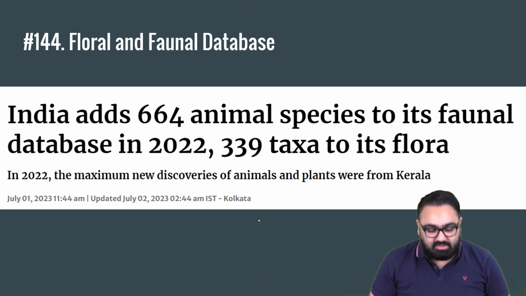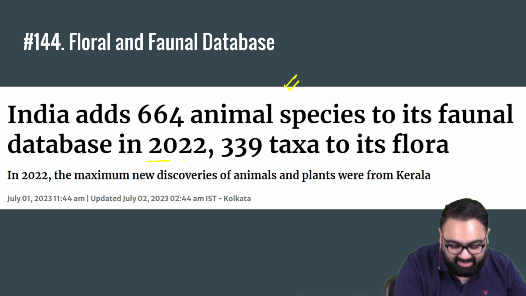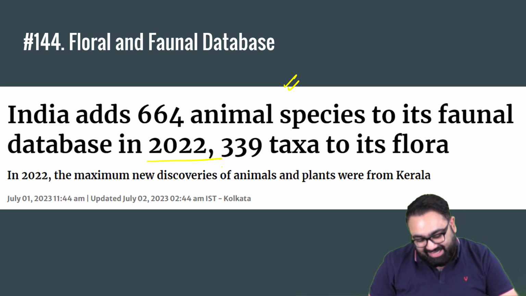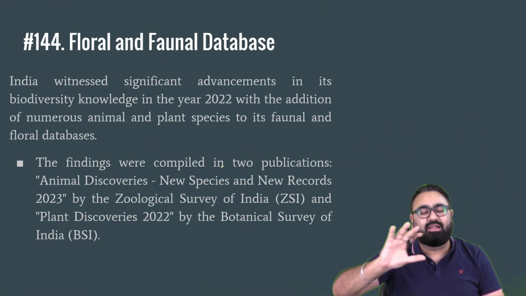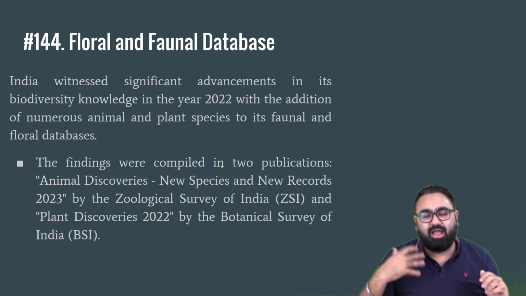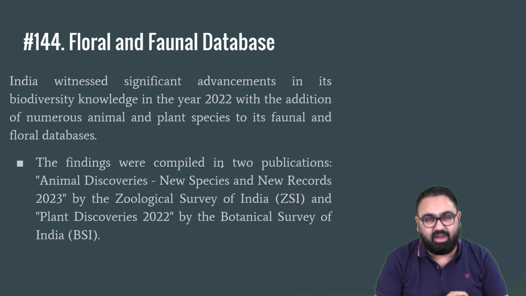Another important news was that India added a lot of animal and plant species in its database in 2022. Now, as I said earlier as well, in these kinds of news stories, remembering the exact number is not important for you. Just remember the fact that India updates the number of plant and animal species that we have in the country.